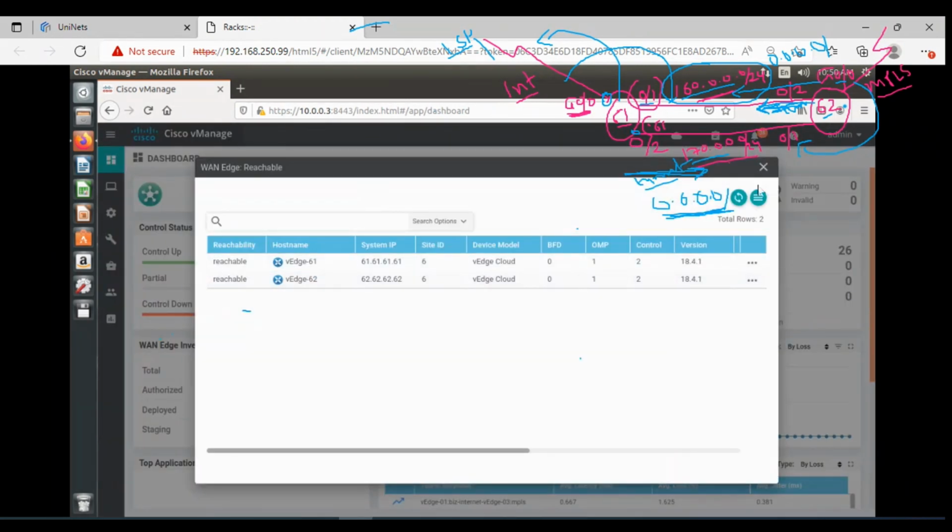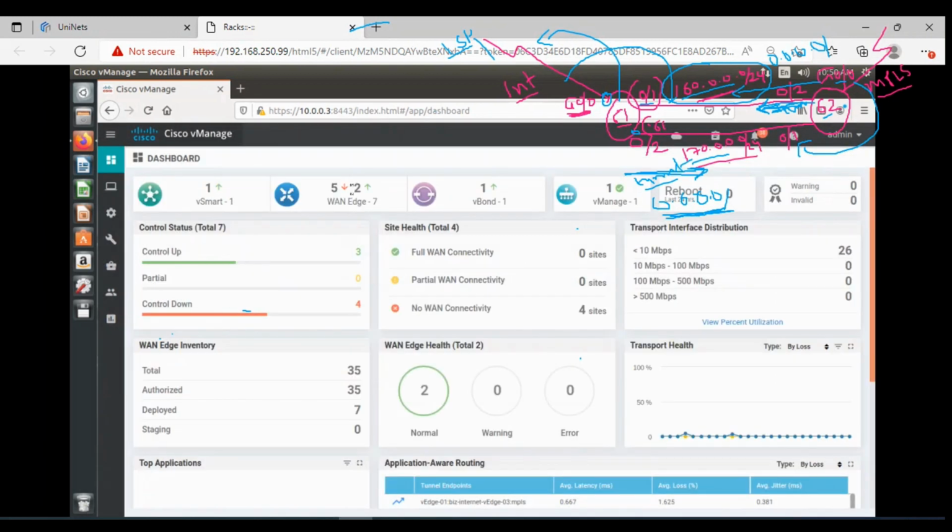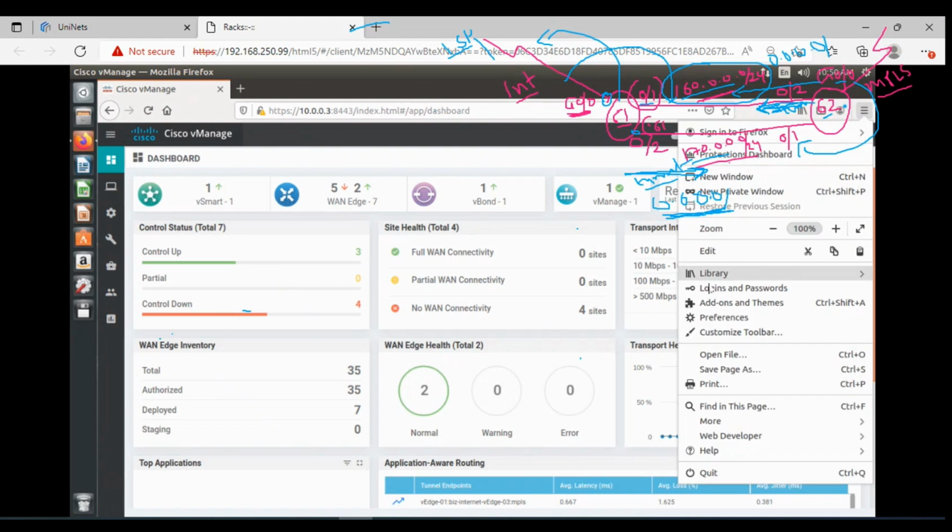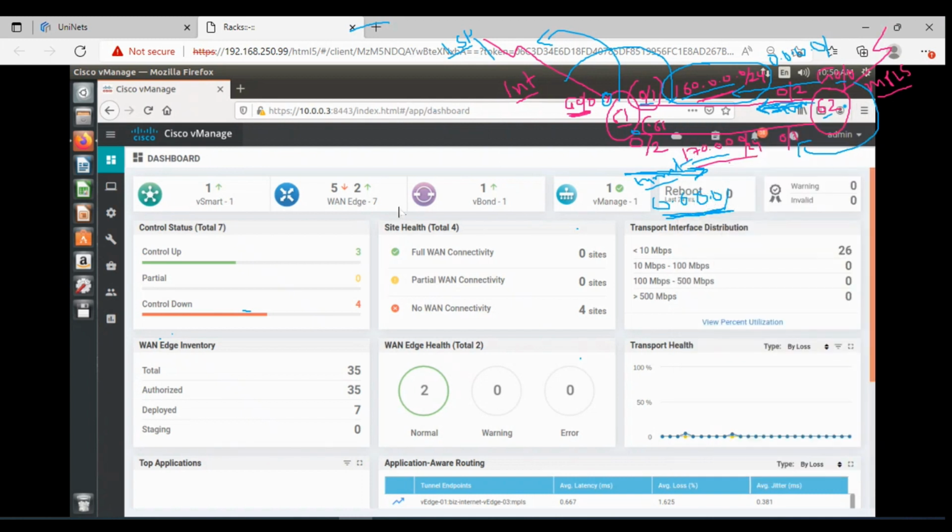A quick resolution for this: go to your browser and erase the cache or history, then log in to vManage again, and this issue will get resolved. This is very specific, but sometimes it happens, so make sure your cache is cleared and then you can further troubleshoot your problem.